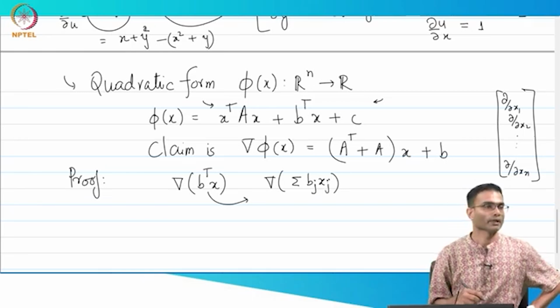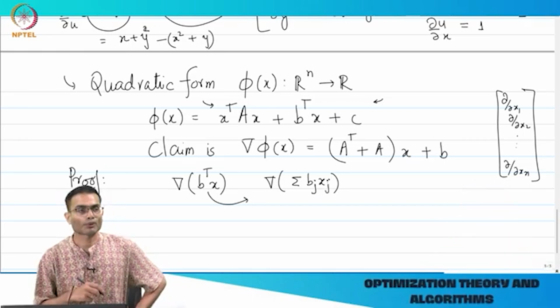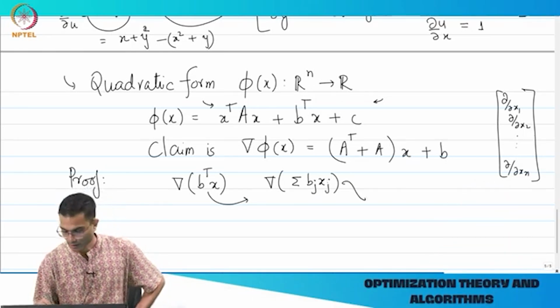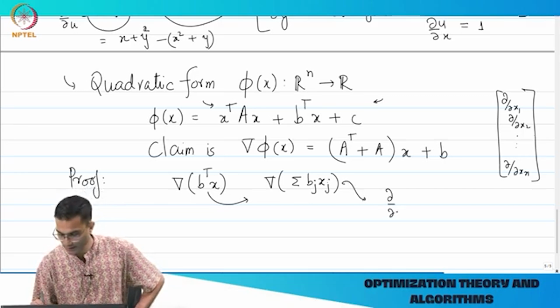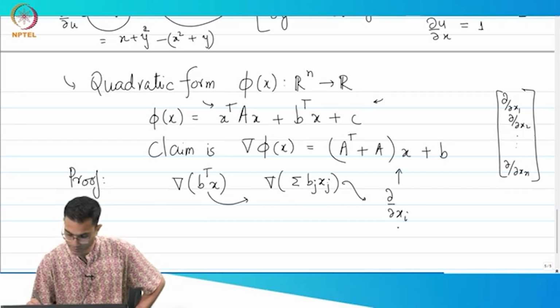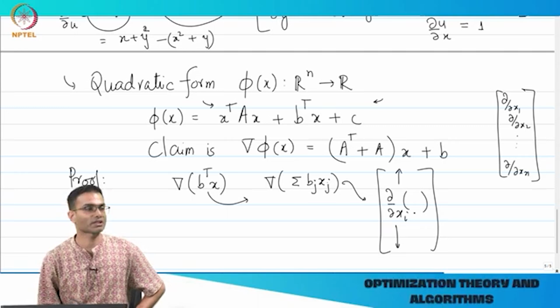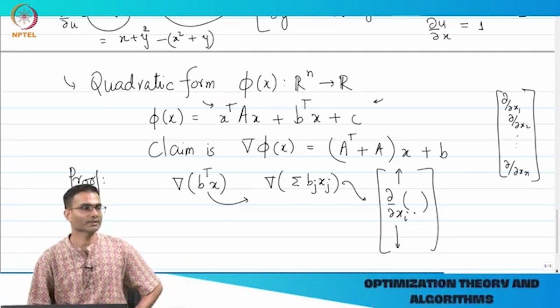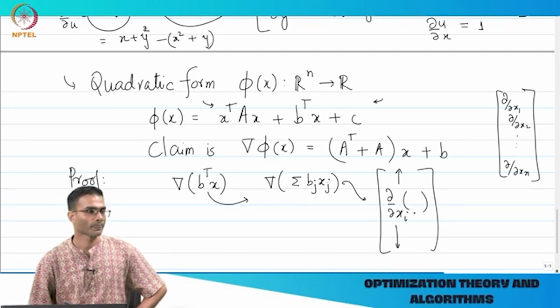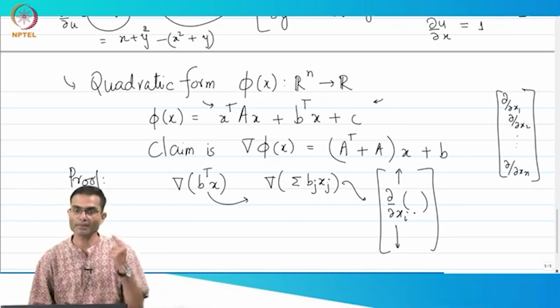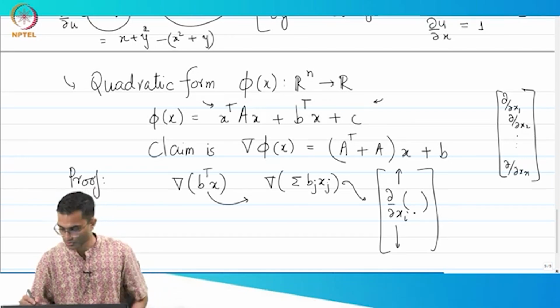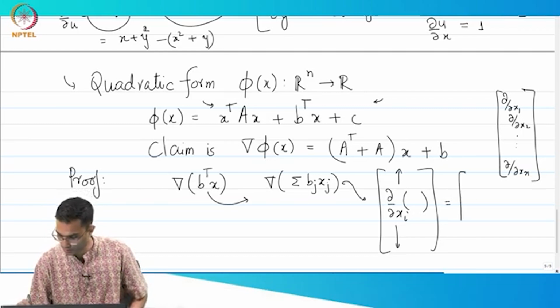All right. Now when I want to take the gradient of this, I need to find out d by dxi, right? That is the vector of this expression. So when I take the derivative with respect to xi, does anything survive? Which term? Only bi, everything else goes to 0. So this is going to be equal to bi over here.